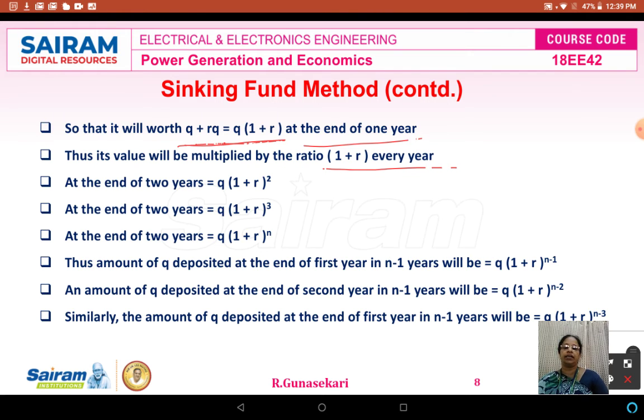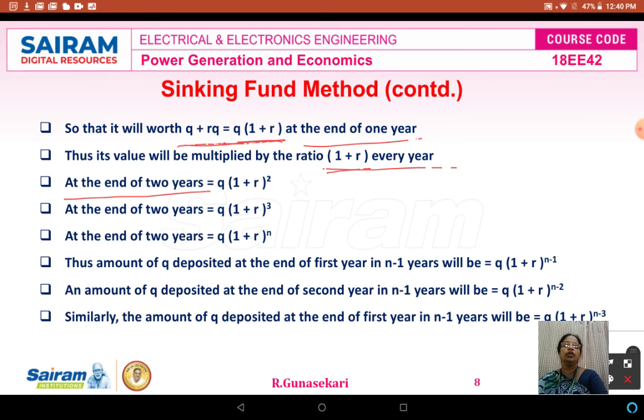Suppose second year, that means at the end of the 2 years, how to calculate the depreciation? That means by using sinking method q into 1 plus r the whole square, because first year the formula is q into 1 plus r. What I am telling, we have to calculate the depreciation for every year. That means by using sinking method, we have to multiply it by 1 plus r.